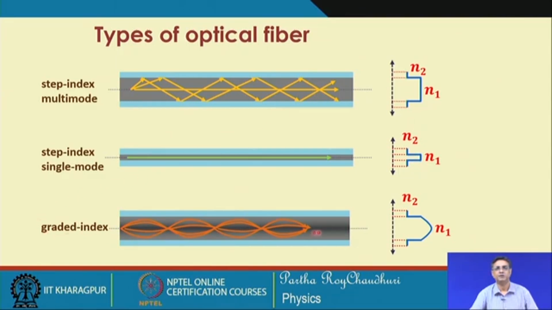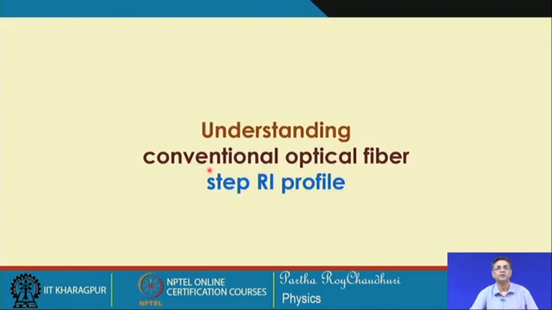Graded index fiber, you can see, we have discussed the graded index slab waveguide. So, at the center the refractive index is high, the maximum value is n1, and as you move radially outward, the refractive index falls to assume a constant value of n2 at the cladding.